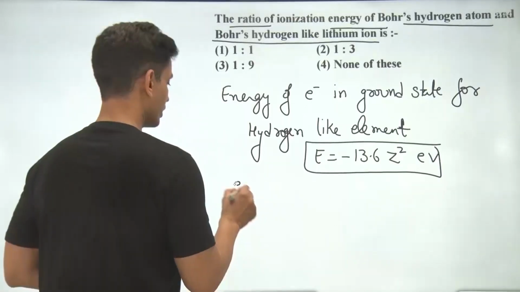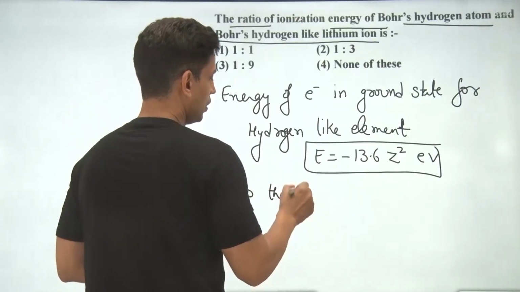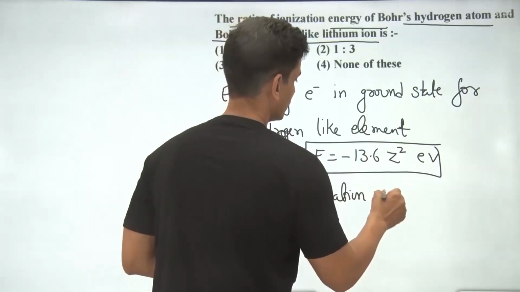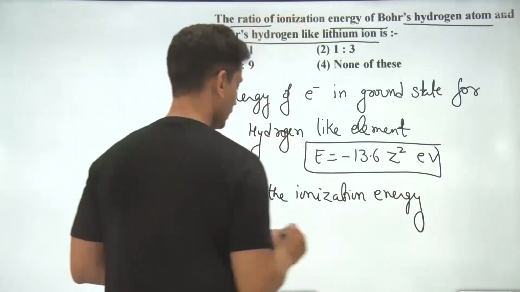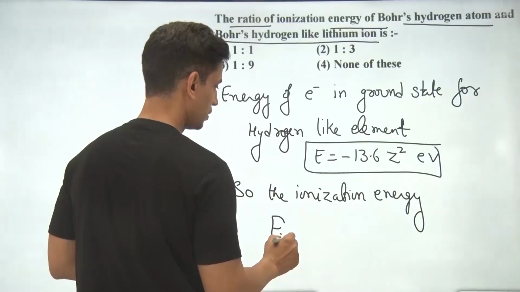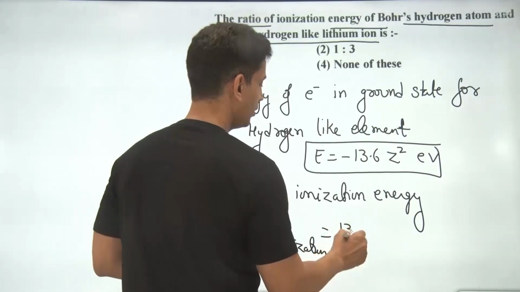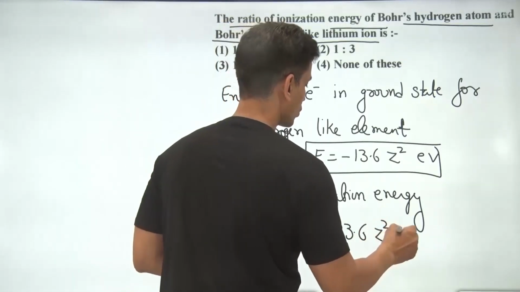So the ionization energy is given by 13.6 Z squared eV.